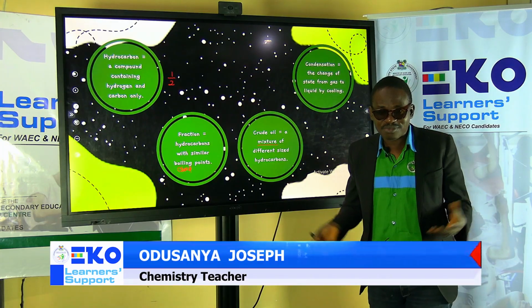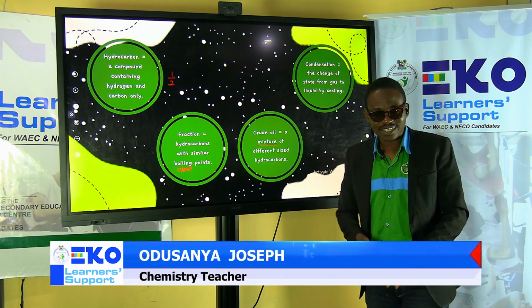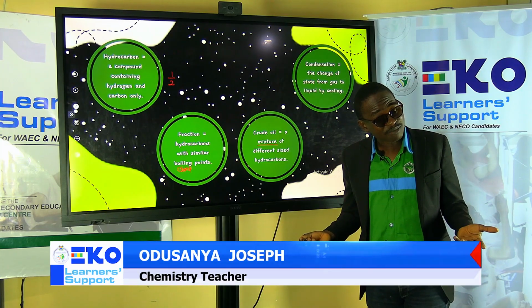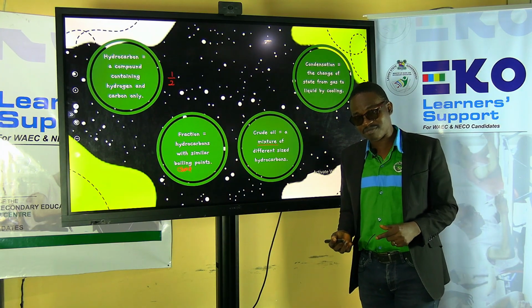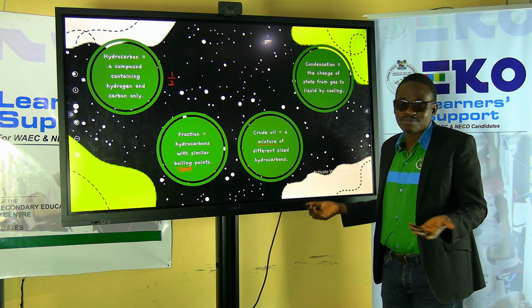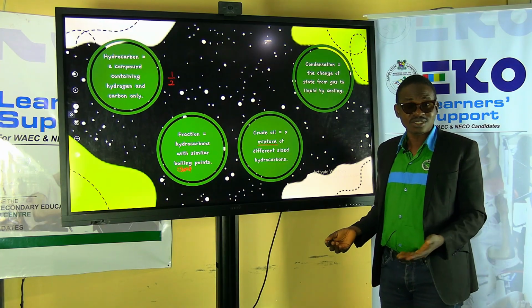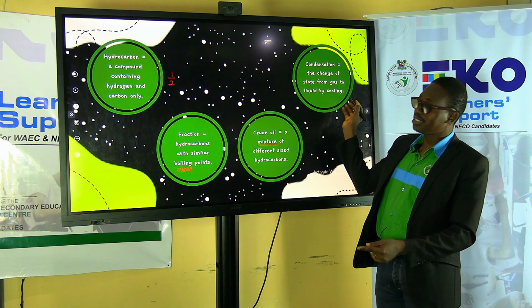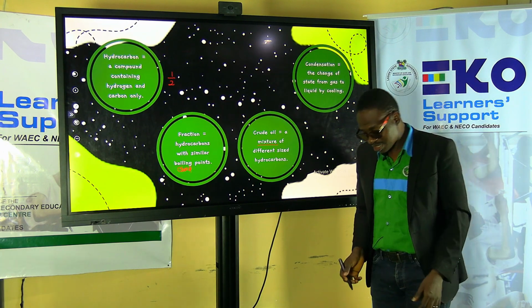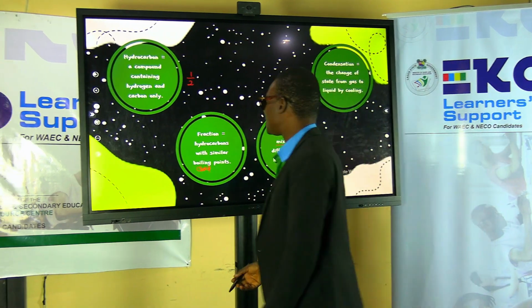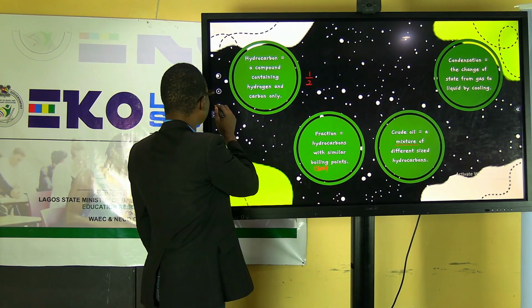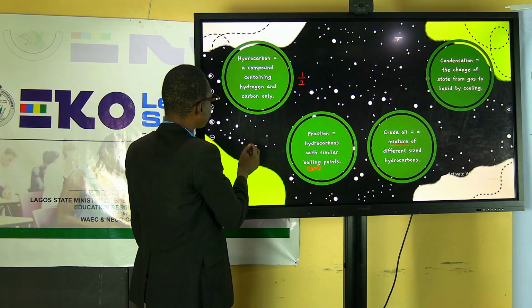Don't cover it up before tomorrow. Go and check. Has it increased in size or decreased, disappeared? You have to confirm that yourself. But it's in the form of liquid. How come? It's through condensation. So this vapor is condensed back to liquid, which is essential in what we want to talk about. Therefore, with this, we can go to the next slide. Fine, let me undo my pen and let's move to the next slide.